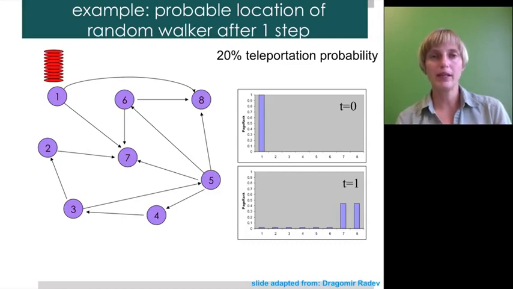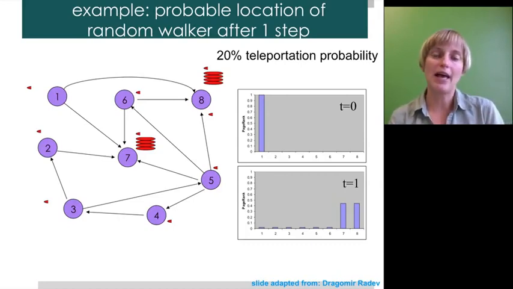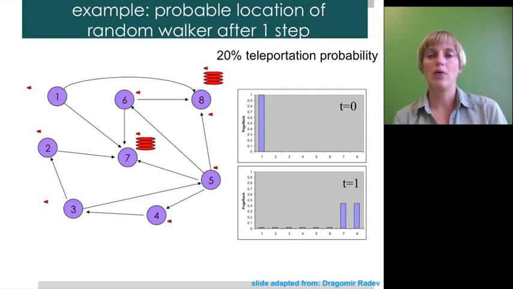So if we start out with 10 units to distribute, we get 4 each at 7 and 8, but we also distribute 20% evenly among all the nodes, including node 1. And so after the first step, we have most of the probability at 7 and 8, but he could also have teleported elsewhere in the network.